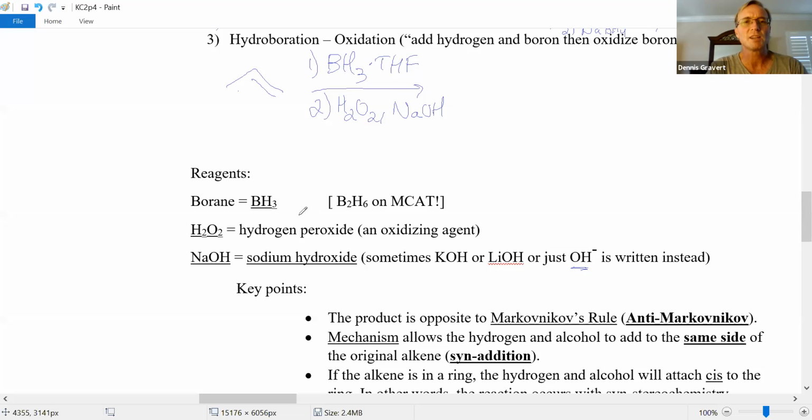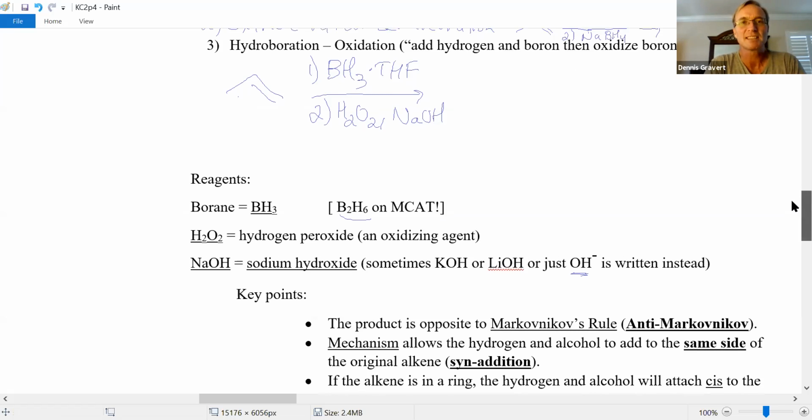Instead of BH3, you can also use diborane, B2H6. And I did have a student come back several years after taking my class. He said, Dennis, tell your students on exams, on the MCAT rather, I didn't see BH3, I saw B2H6, but because the THF was still there and the hydrogen peroxide and base, I knew it was hydroboration oxidation. So let your students know.